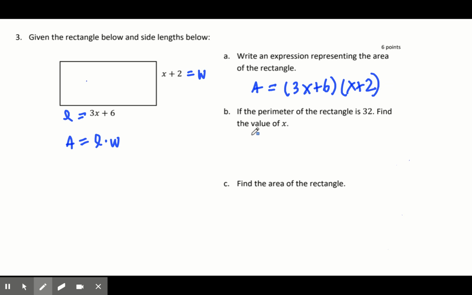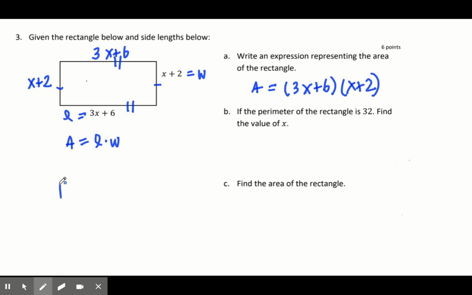Now it says, if the perimeter of the rectangle is 32, find the value of x. This is a rectangle, so remember these sides are the same, and these sides are the same. So this would also be x plus 2, and this will also be 3x plus 6.